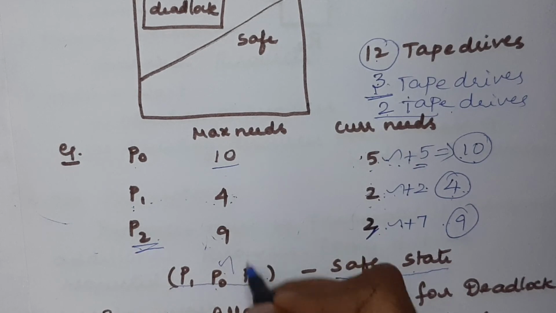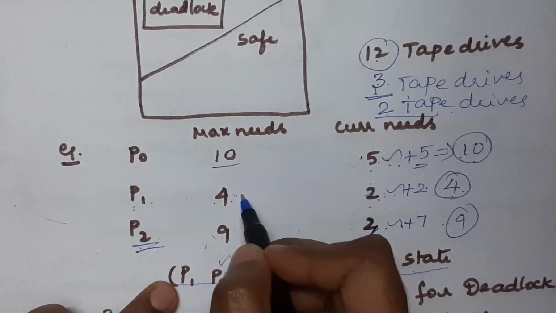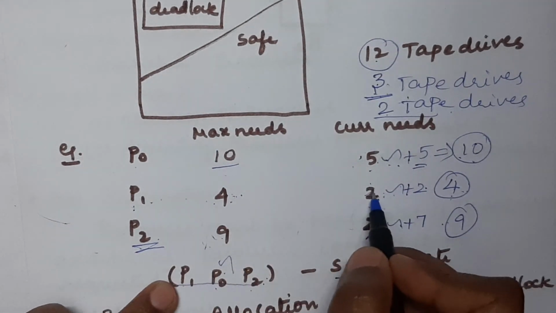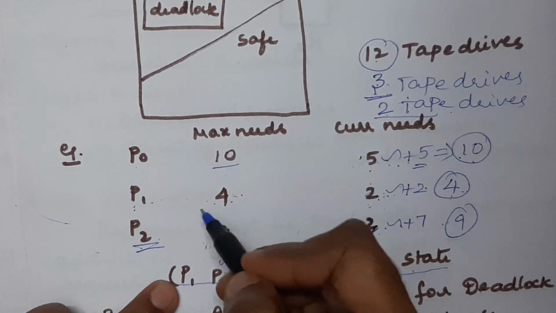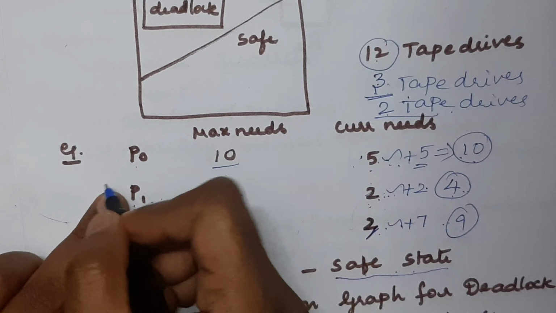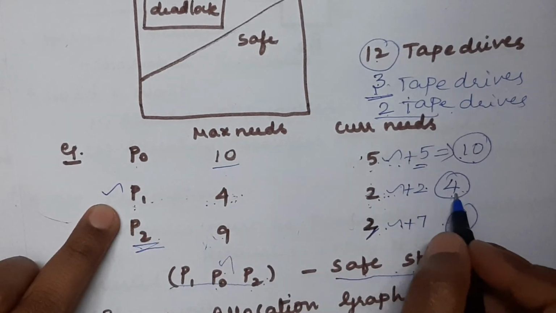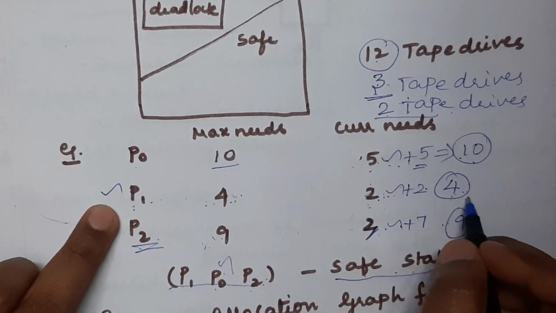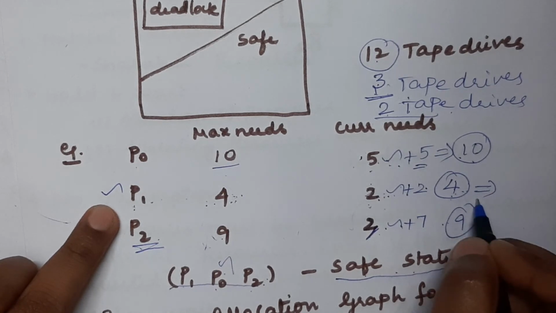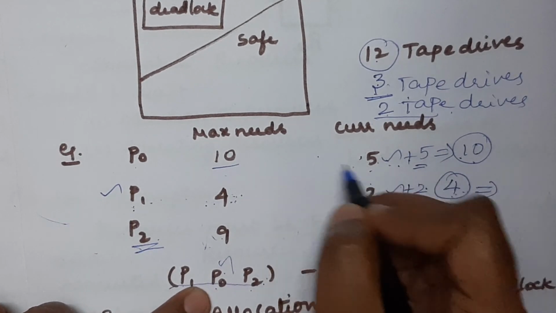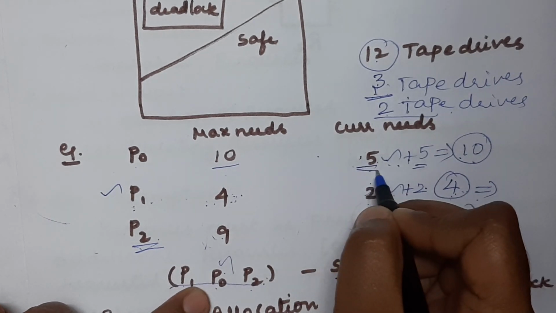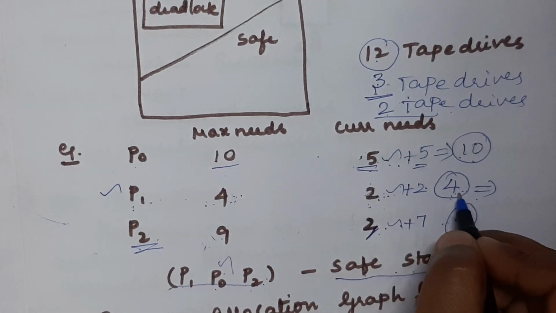Now if you follow the same order, first P1 has to be executed, so we allocate only 2 that we have, and it will complete its execution. So P1 gets over and it will release all the 4 resources. So currently we have only 4 resources. Now what is the next process to be executed, that is P0. But P0 actually needs 5 resources, which we don't have because we have only 4.